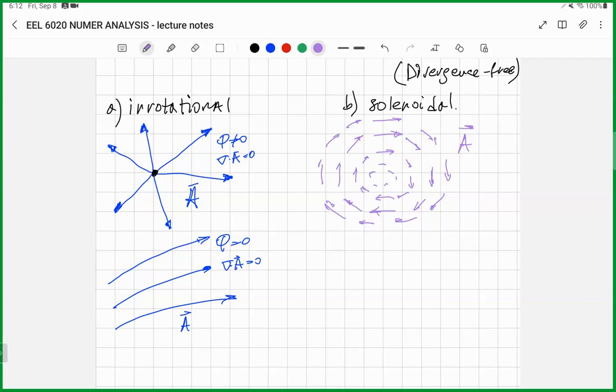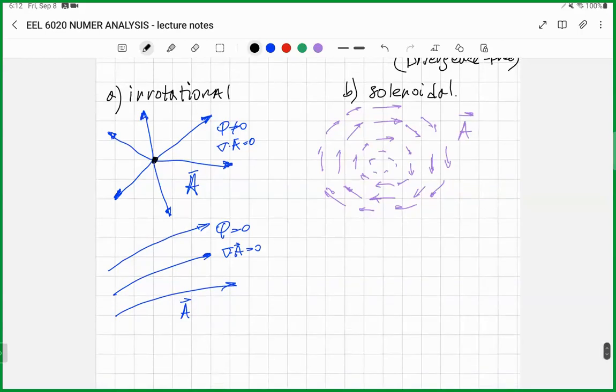So divergence is 0, divergence free. But if it's divergence free, we cannot use divergence for describing this type of field. How do we describe this field? So before coming to the point, let us describe an example of such field.